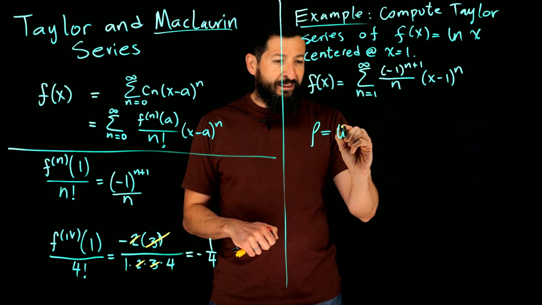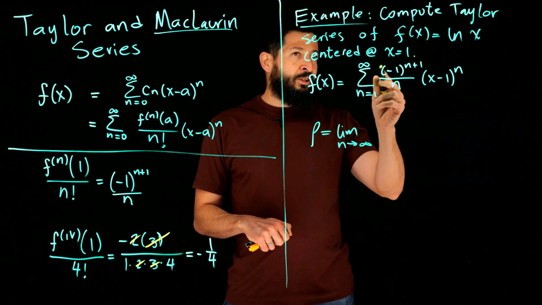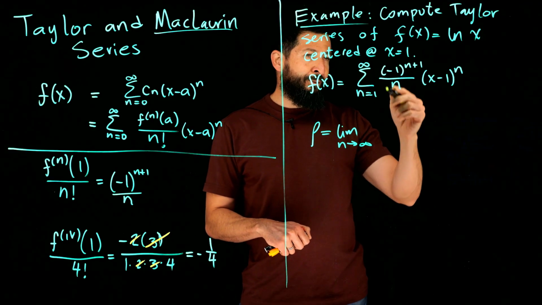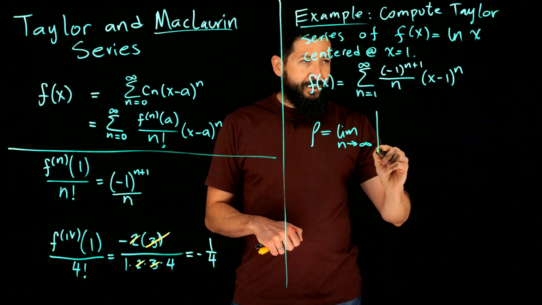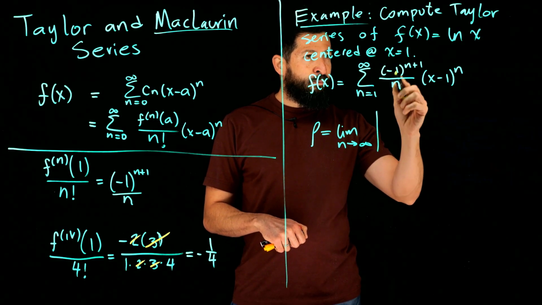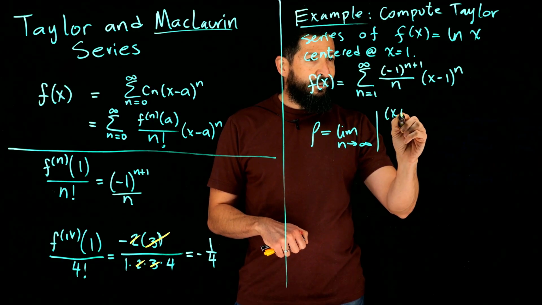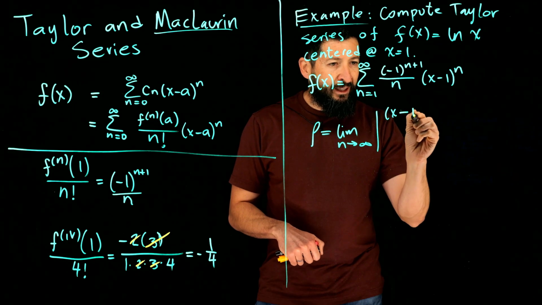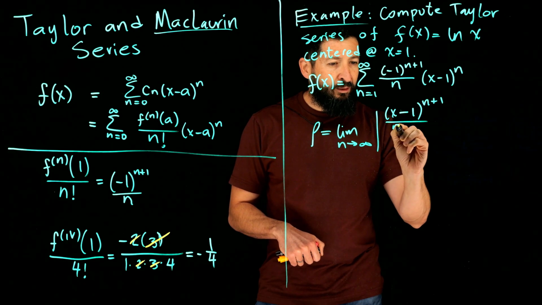So I'm going to do the limit as n goes to infinity. And remember, you have to have the absolute value, so the negative sign will go away, of this evaluated to the n plus 1. So the negative 1 we don't care about, but I do care about this x minus 1 to the n plus 1 over n plus 1.